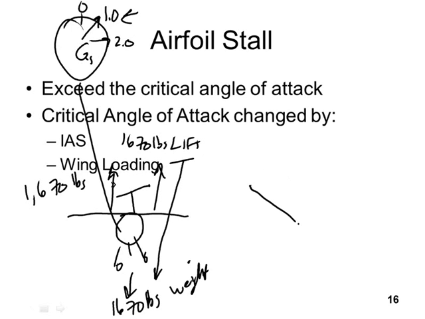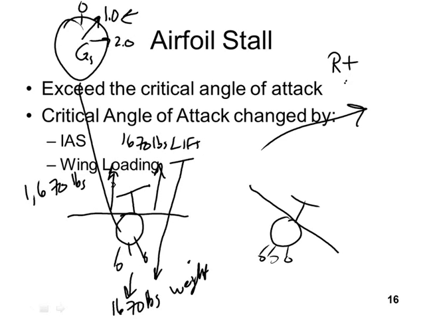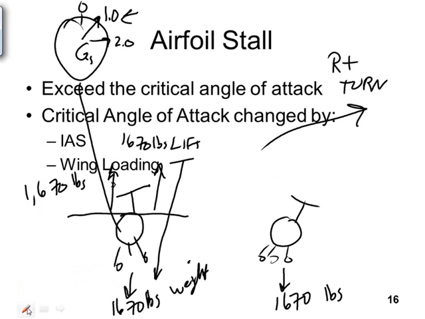So if we're in a turn, we'll say, now here's the airplane. And so we're in a right turn. Well, gravity is still pulling down on us at 1,670 pounds. But if we roll this airplane all the way over, we'll get crazy here. If we roll the airplane over, so from here to here is a 60-degree bank.